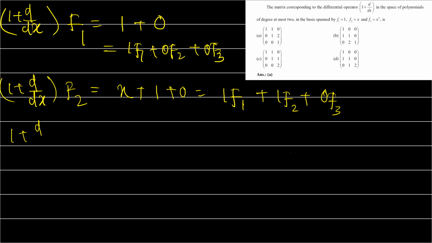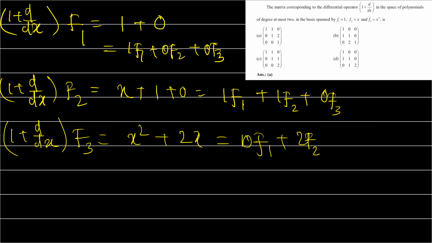Next, 1 plus d by dx operating on f3 gives x square plus 2x, so it will be 0 into f1 plus 2 into f2 plus 1 into f3.